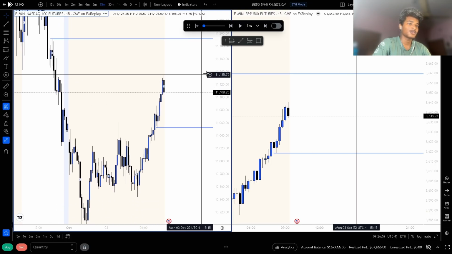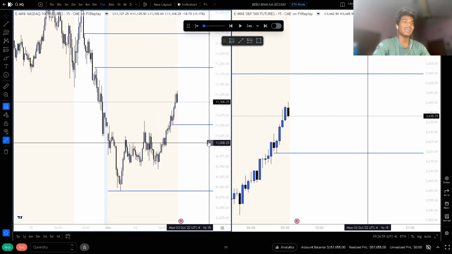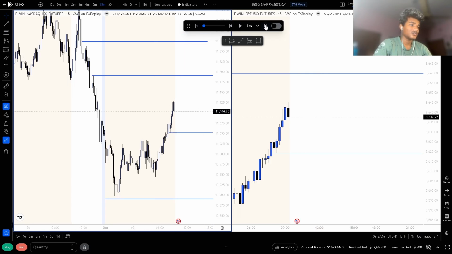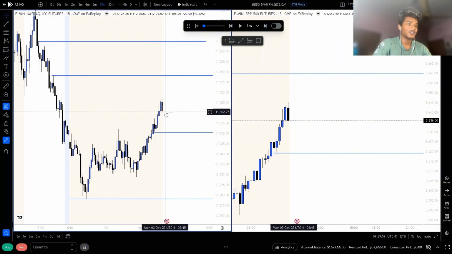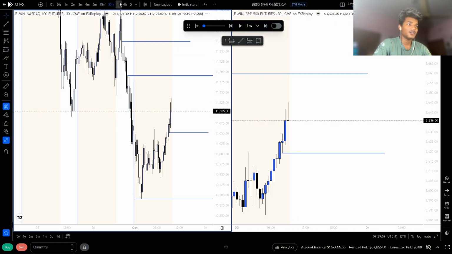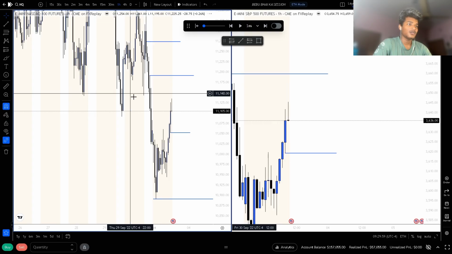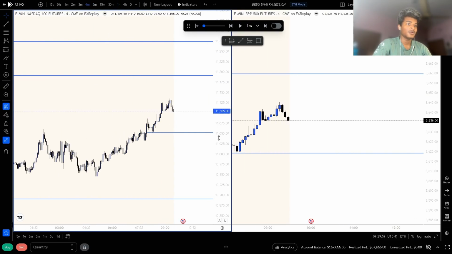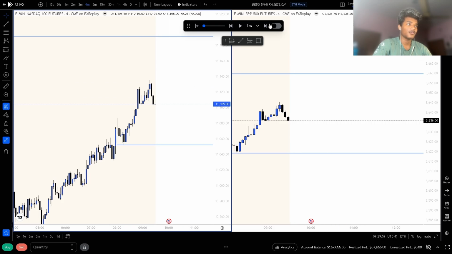The market was not like that when I was analyzing it. So here's the market open, and let's just see the open now. All of these low resistance below us.